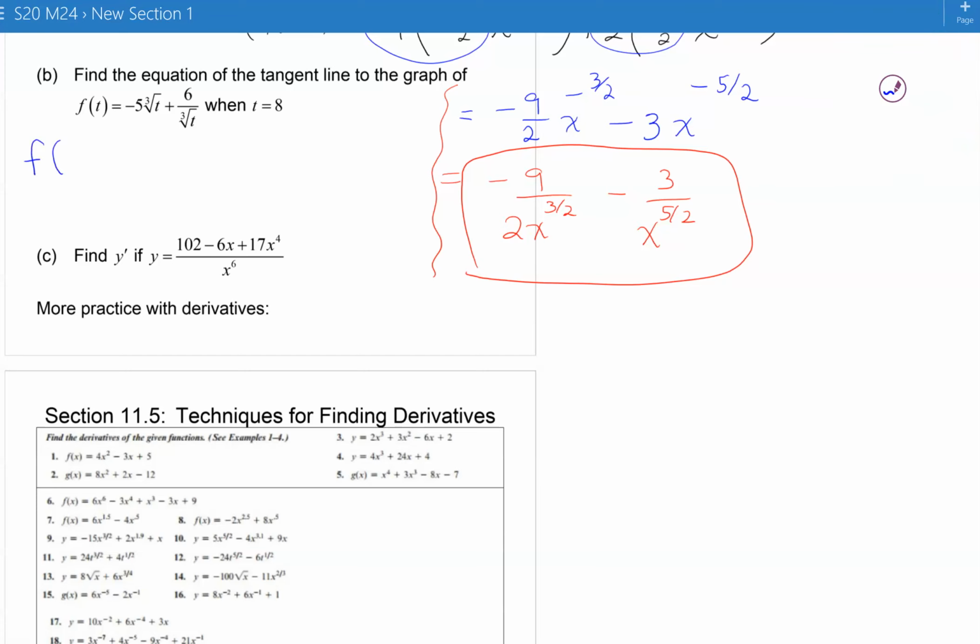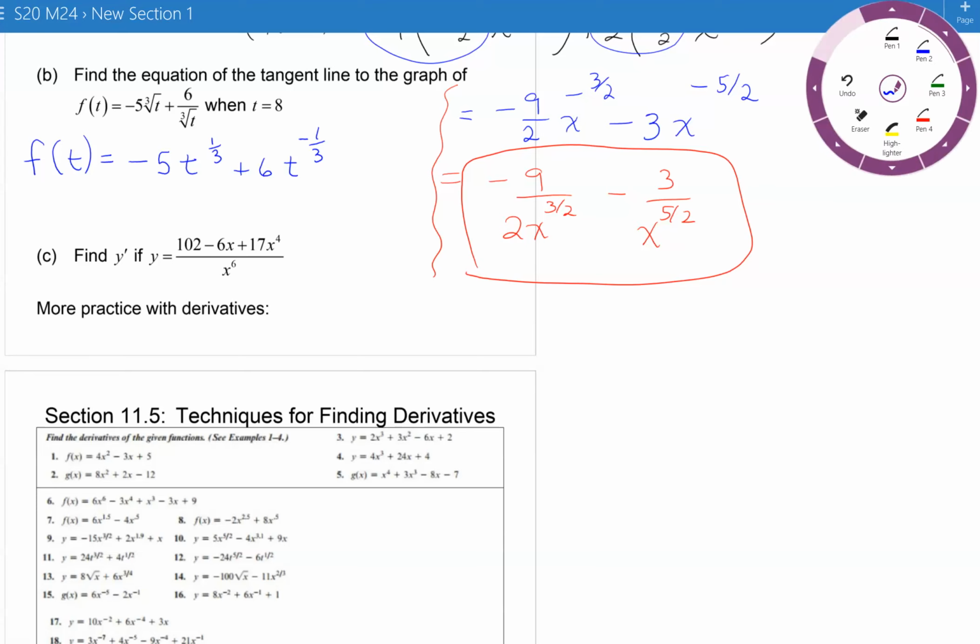So I want you to label carefully that first I'm going to do algebra work. I'm not doing the derivative, and I'm just rewriting this function with fraction and negative exponents. So I'm rewriting the cube root of t as t to the 1/3, and the cube root of t in the denominator as t to the negative 1/3.